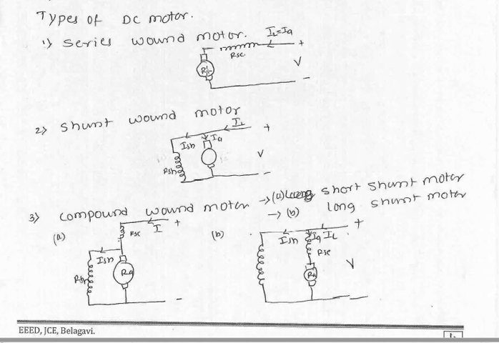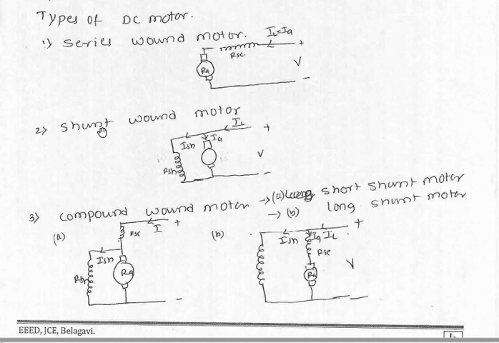Then in series with this armature winding, we have the field winding which has a resistance of RSC, and this is connected to the external DC supply. When supply is given, whatever current flows in the field winding will be exactly the same as in the armature winding. That is why we call it a series motor, where the field is in series with the armature winding.